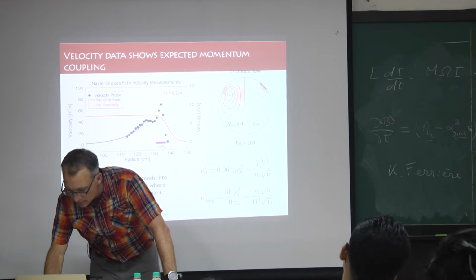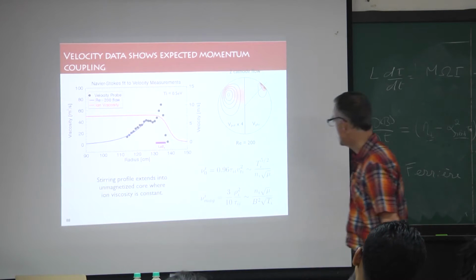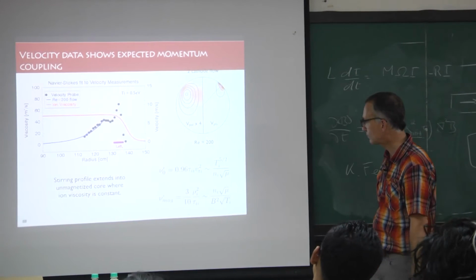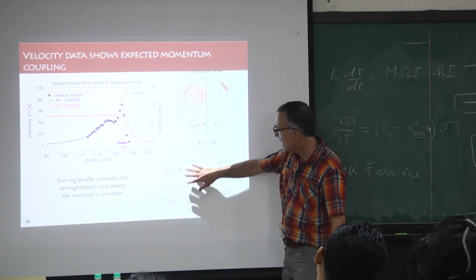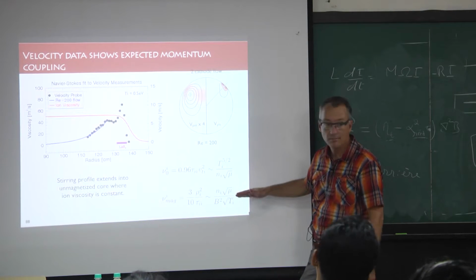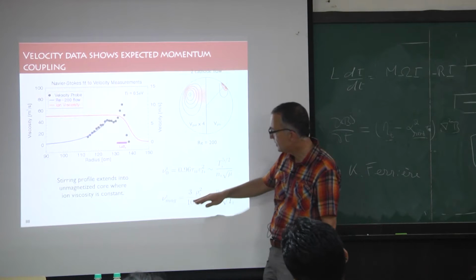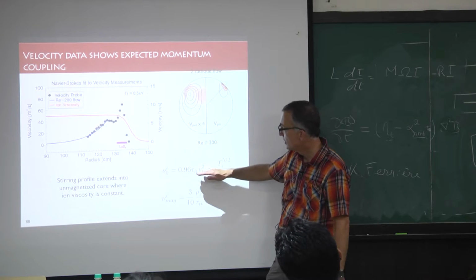Okay, so this is what I was saying. We can estimate what the viscosity is from the theoretical formulas. And the viscosity is different in the magnetized edge from the core.